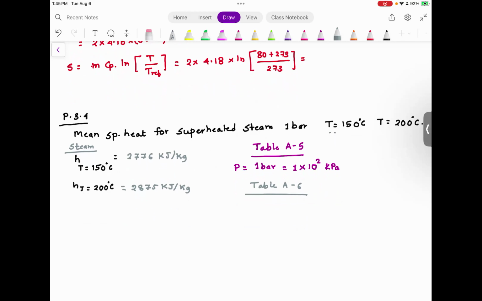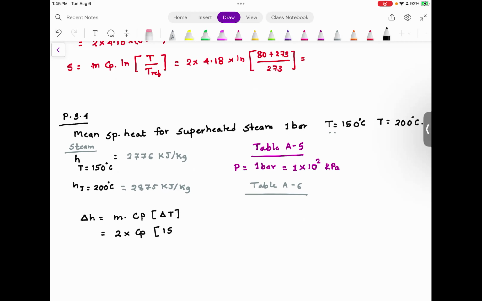So now you have the enthalpy at the end, and you have the enthalpy at the beginning. If you want to find the Cp, what you have is delta H equals m Cp delta T. Mass is 2 kilogram. Cp we have to find out.